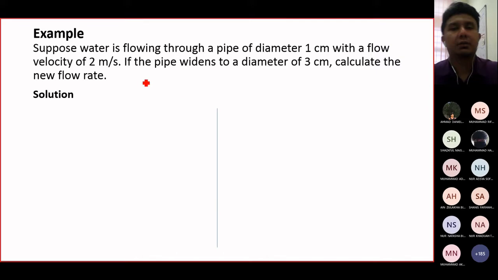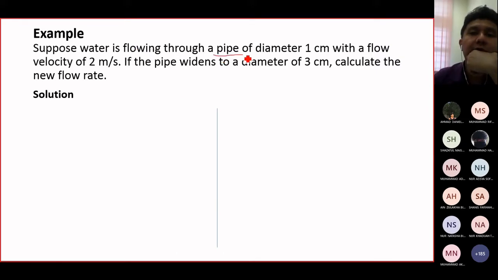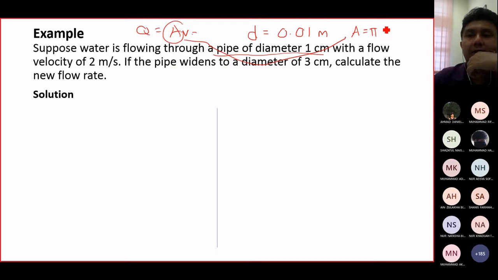Now, an example. Suppose water is flowing through a pipe of diameter 1. Make sure the diameter is in meters, okay, not cm. Why do they give us the diameter? Because the equation of continuity has A, and A is pi r square, which is pi times D over 2 squared.